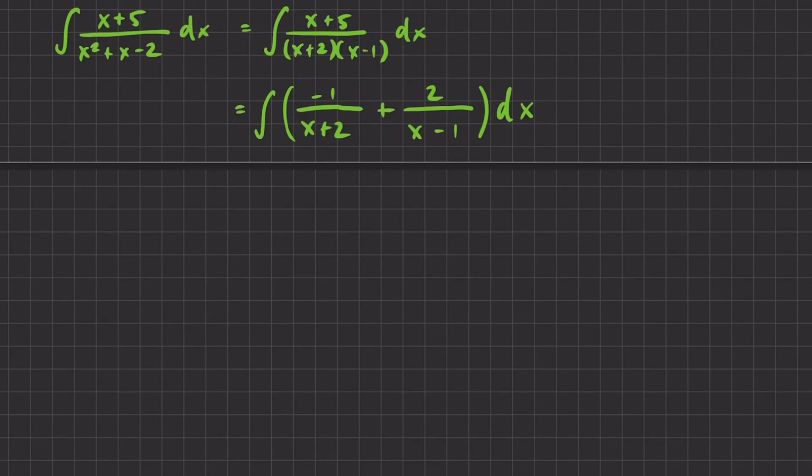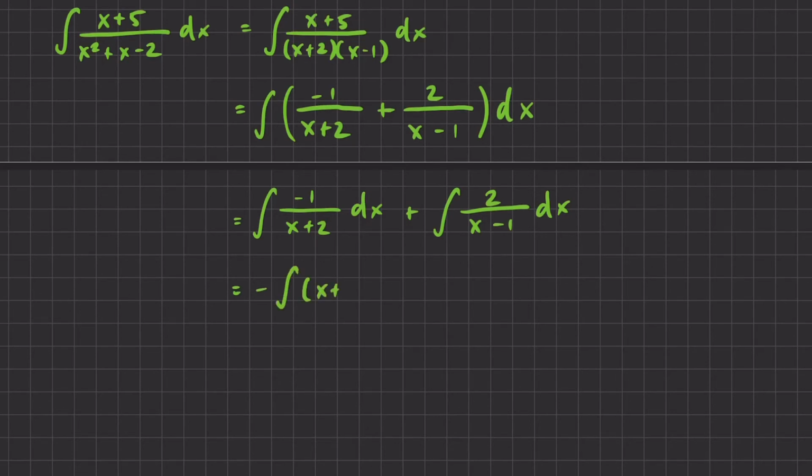So I've got that this is equal to the integral of negative 1 over x plus 2 dx plus the integral of 2 over x minus 1 dx. And from here, it's just stuff that we've already done before. So this is negative the integral of x plus 2 to the power of negative 1 dx plus 2 times the integral of x minus 1 to the power of negative 1 dx.